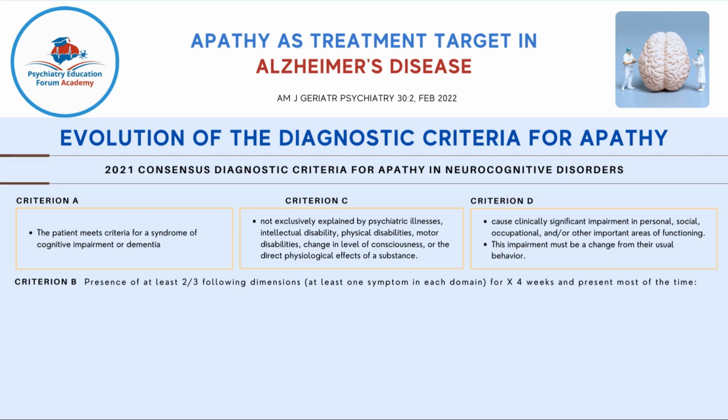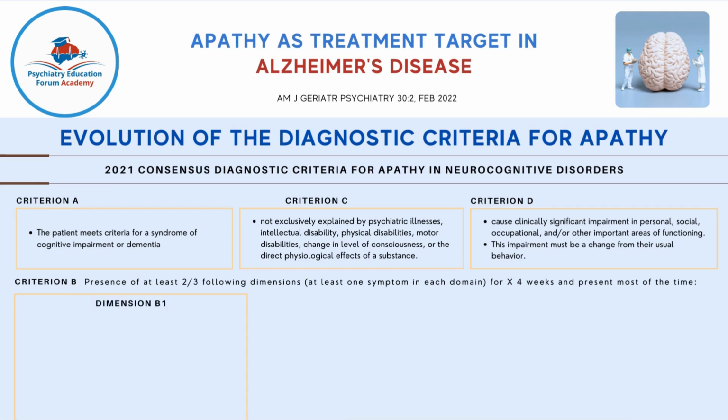They have not removed it, but they have focused more on criterion B, because criterion A does not include the motivation we saw in 2008, or the goal directed reduction in behavior, cognition, emotions, or social domain that was mentioned in 2018. But all these domains are here now, and they call them dimensions. So there are three dimensions, B1, B2, and B3. At least two of the three have to be present.